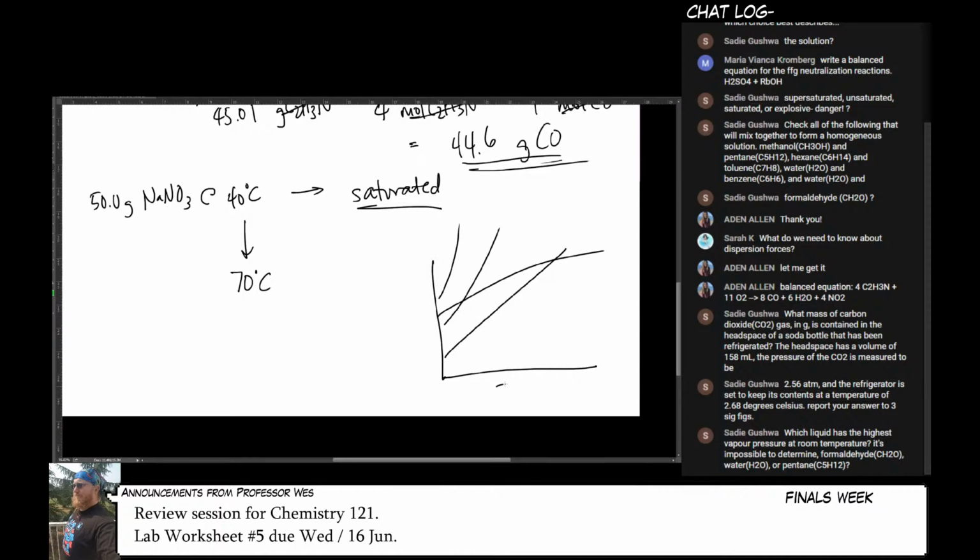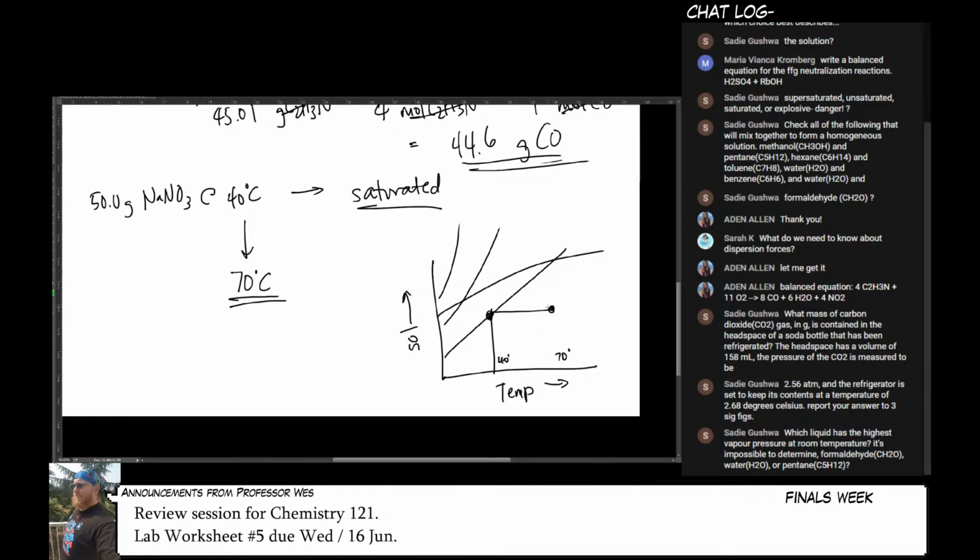So, as temperature increased, solubility also increased. So if my solution increases in temperature, so let's say this is 40, and this is 70, what will the solution be?